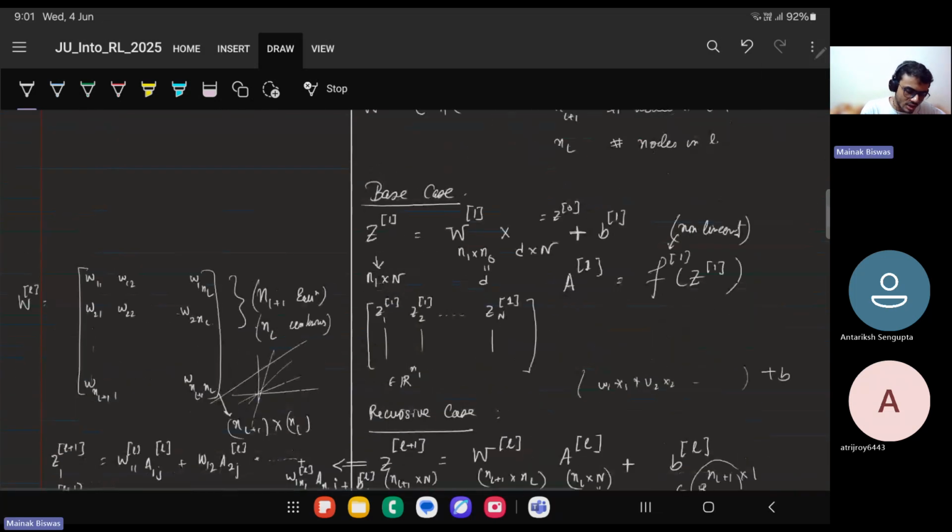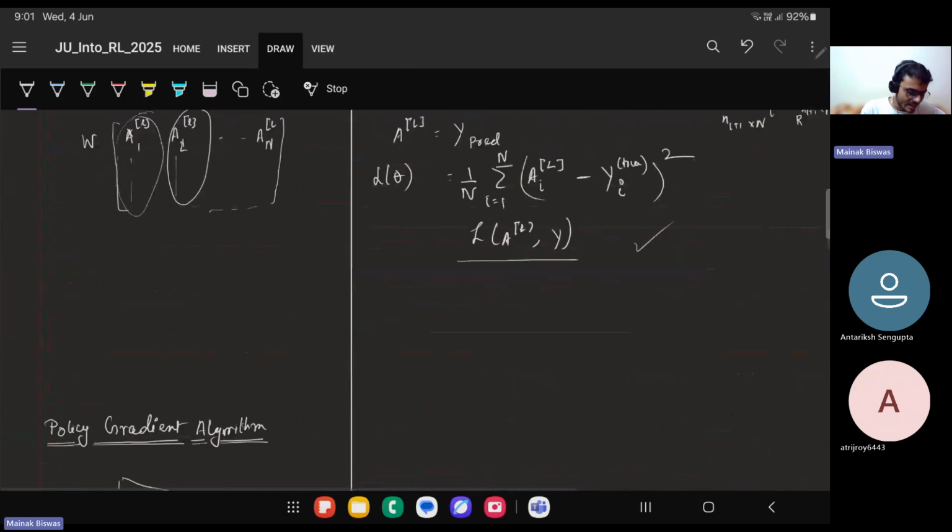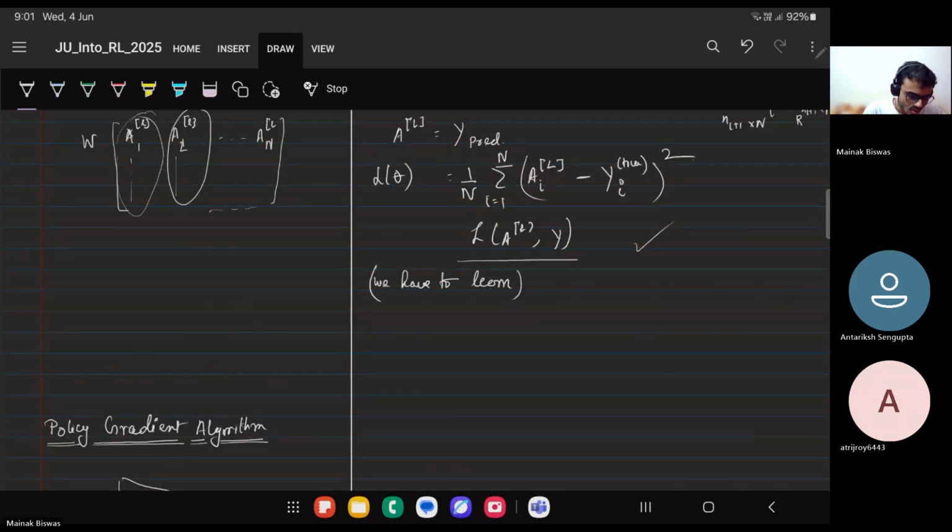Okay, so we understood what the MLP is. But now how do we learn? Do you see we have to learn all the W_Ls and B_Ls? Yes or no? Which means that I have to do gradient descent on all of them. Yes or no?